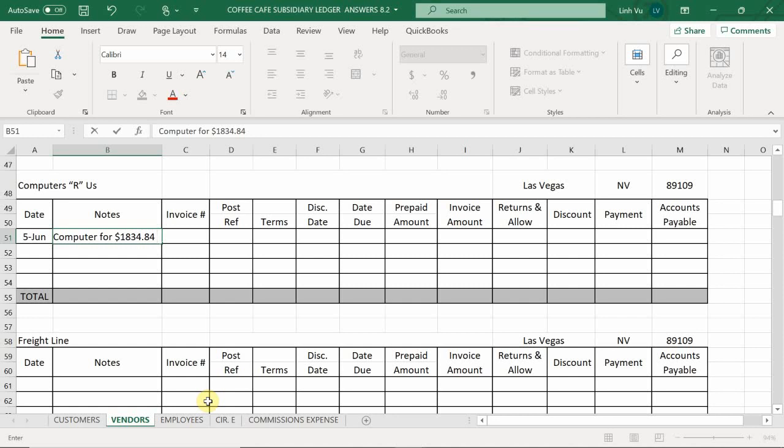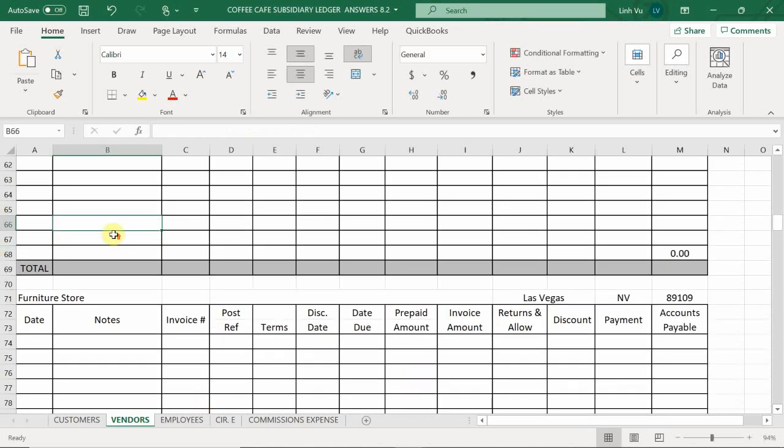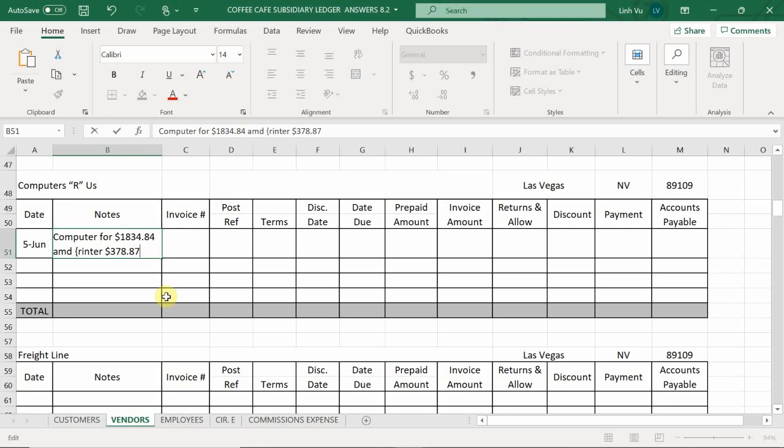Because at the beginning you write a computer and printer. So the computer is 1,834.84, and my printer cost me a total of 378.87. Just in case for any reason you have to return the printer or the computer.